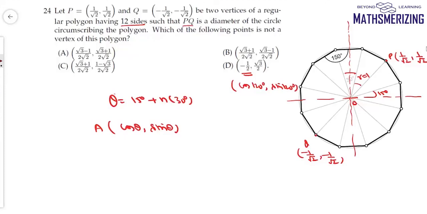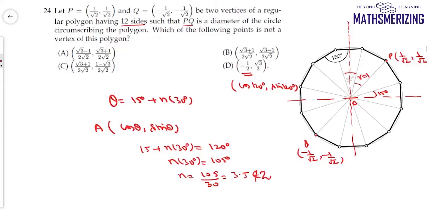So if I compare this theta, then I'll get 15 plus n into 30 is equal to 120. So n into 30 is equal to, now 120 minus 15 is 105, and 105 divided by 30 is 3.5, which is not an integer. So that means there cannot be a point whose coordinates are minus 1 by 2 and root 3 by 2.